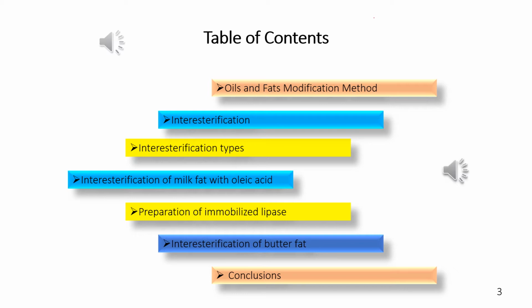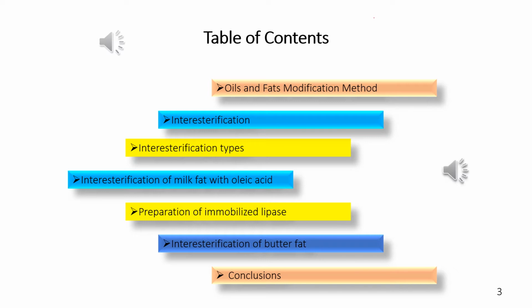So interesterification is a chemical reaction that induces the rearrangement of fatty acids that are present within and between triglycerols. Interesterification occurs by two processes: chemical interesterification and enzymatic interesterification.